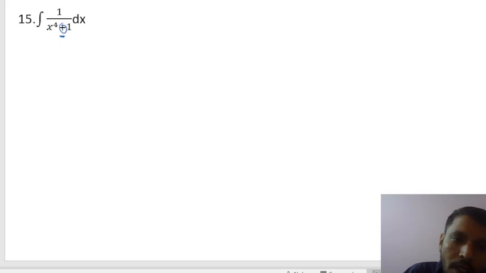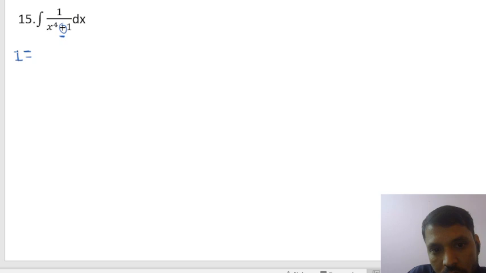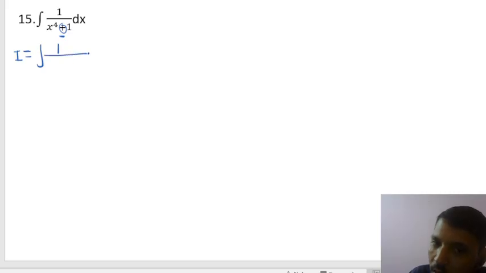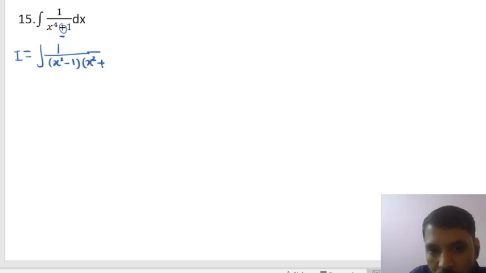So here I is equal to, we need to factorize first. For question number 15, I is equal to, we can apply the identity a square minus b square. So it will become integral of (x square minus 1) into (x square plus 1) dx.